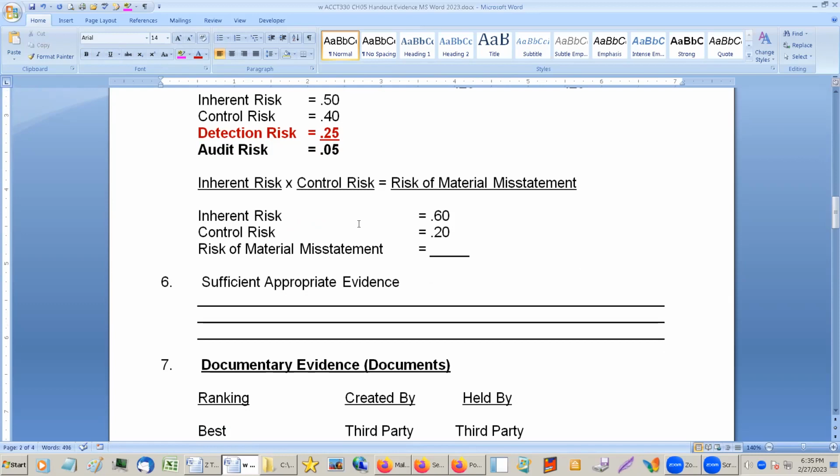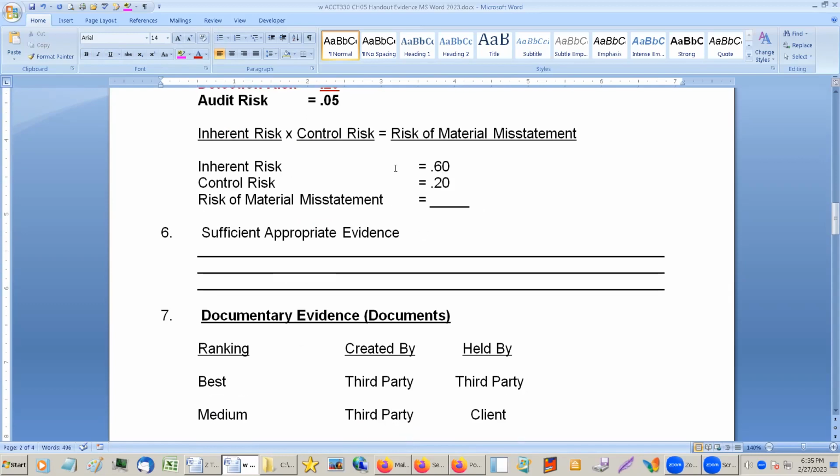Okay, another one that I've seen less often, but I have seen, is risk of material misstatement. The risk of material misstatement is just the inherent risk and control risk. So you're just multiplying those two. It doesn't have anything to do with the detection risk.